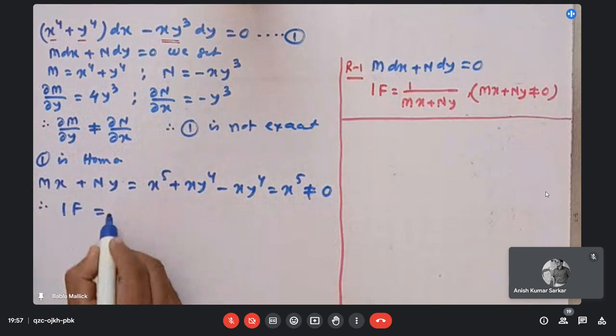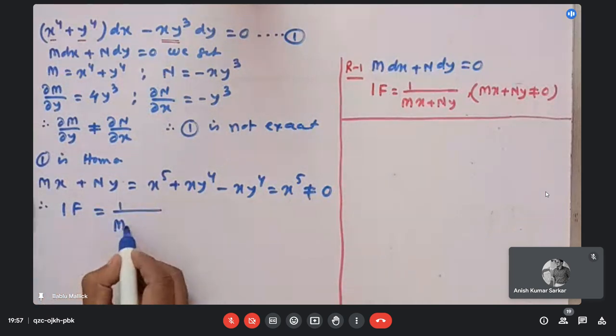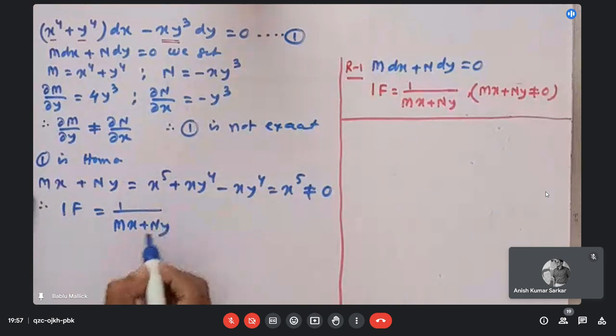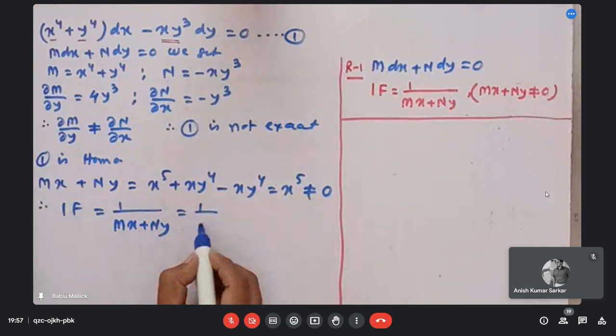Therefore integrating factor is 1 by Mx plus Ny, which is 1 by x to the power 5. This is the integrating factor.